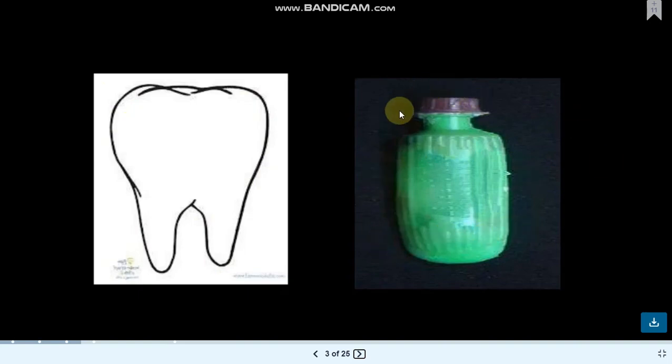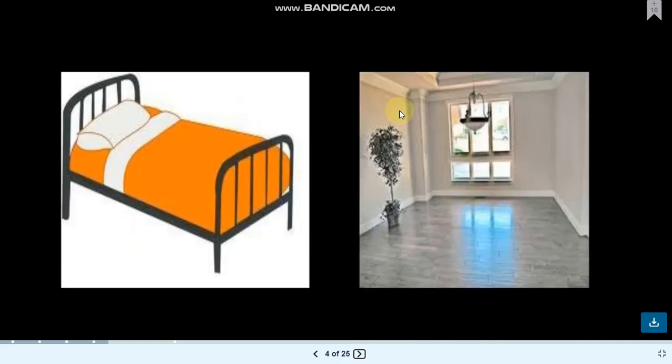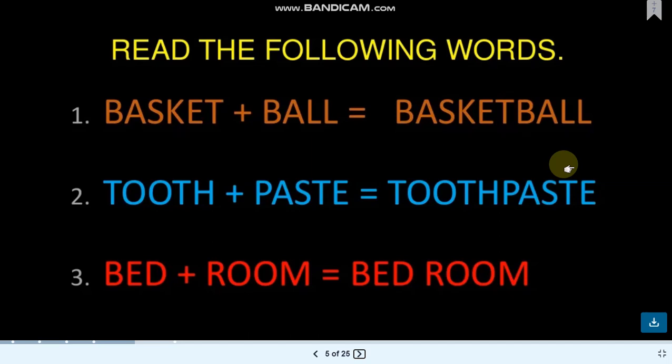And then the third set of pictures, this is a picture of a bed, and this is a picture of a room. Now, if we combine these words together, what do you notice?